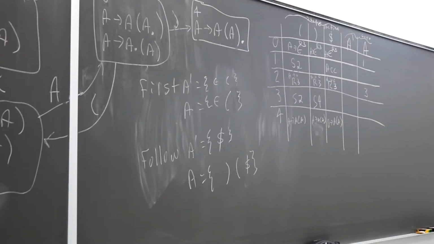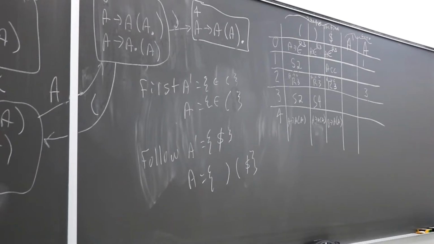But this is our augmented start symbol. And so if we reduce to it, it's where we have processed all of the input, so that's why we accept it. Since we augmented the grammar, we will always have one of these. That way we're guaranteed to know when we're actually finished parsing.